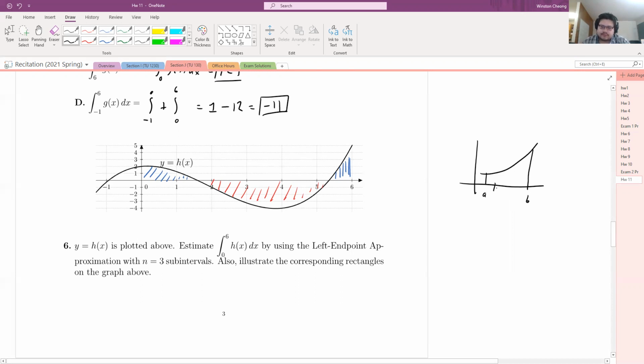Well, the idea is we will end up subdividing this into however many regions. For each subinterval, we would want to assign a rectangle with a particular height to it.